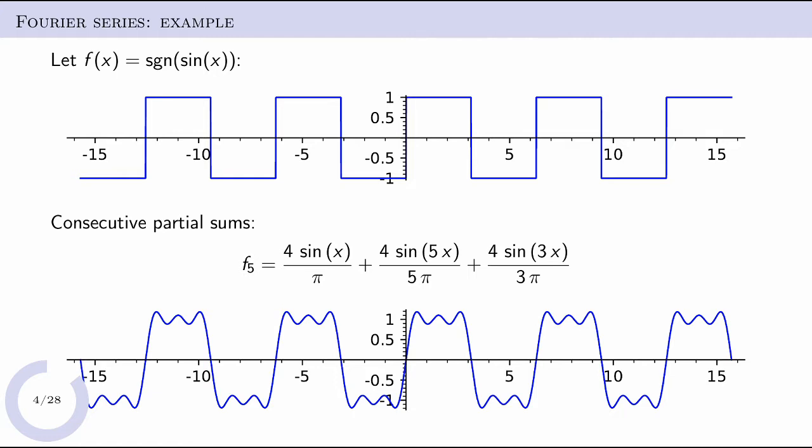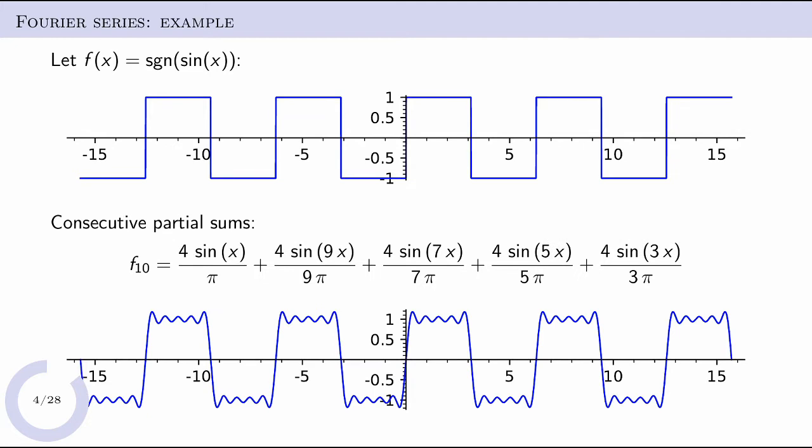So let us compute some more partial sums. Now the next one, f10, is the sum over the odd integers from 1 to 9 of sine nx times 4 over n pi. So it's 4 sine x over pi, 4 sine 3x over 3 pi, 4 sine 5x over 5 pi, and so on till 4 sine 9x over 9 pi.